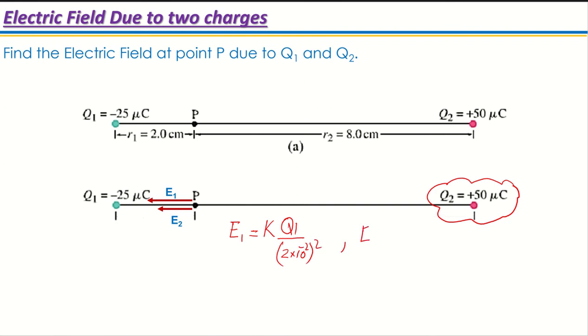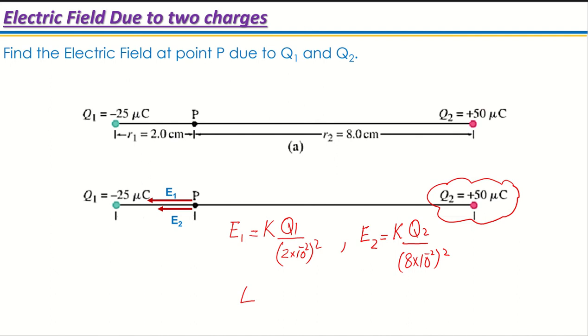Similarly, E2 is the value of the electric field at point P due to the charge Q2. So we can write K Q2 and the distance is 8 centimeters, that is 8 into 10 power minus 2, whole square.